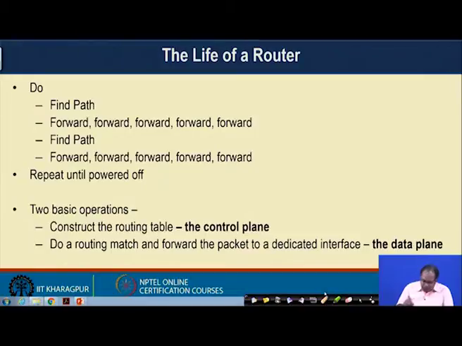From this simple loop, you can see that there are two basic functionalities of an IP router: first finding a path, and then forwarding. Finding a path means you need to execute a routing protocol.